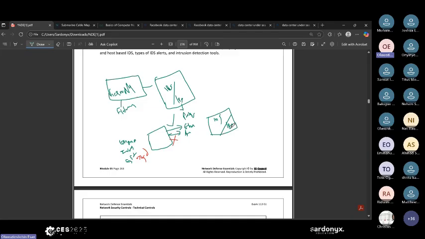So even though Nigeria allows Ghana and Ivory Coast to enter, these guys can, okay, let us take their brain. Are they normal? The Ghanaians entering, are they normal people? The Ivory Coast people coming, do they have HIV? Do they have coronavirus? Do we need to isolate them and stuff like that? That's where IDS and IPS come in. So those are the major differences between a firewall and IDS and IPS.